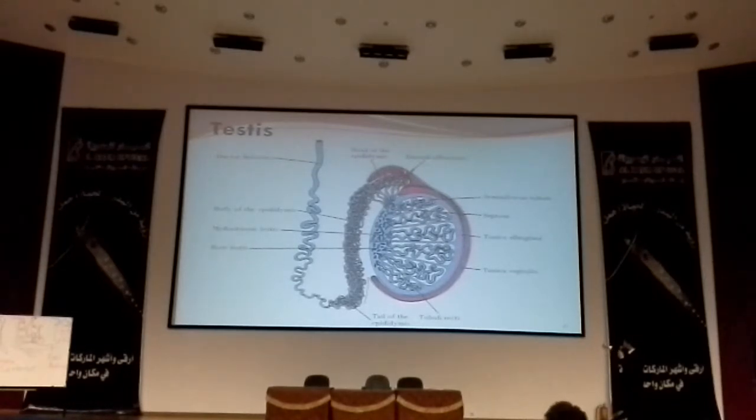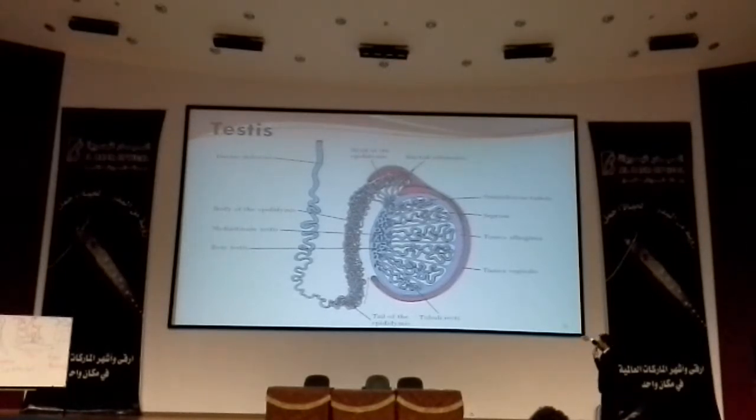As you see, this red color is the tunica vaginalis; this is anterior, and this is the posterior side, so the tunica vaginalis covers the superior, inferior, anterior, and 2 lateral sides of the testis, but there is a defect posteriorly, as you see.